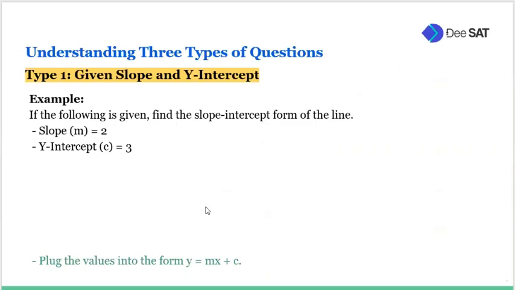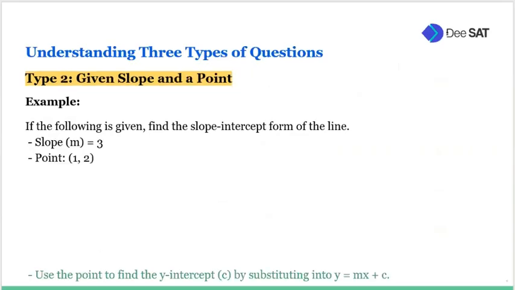Okay. Now let's move ahead towards the second type, given slope and the point. If the slope and the point are given to you, how can you understand the case of y equal to mx plus c? In this particular situation, the slope is given to me, that is the value of m, and a point 1 comma 2 actually represents the values of x and y.